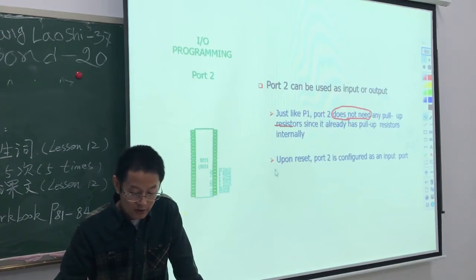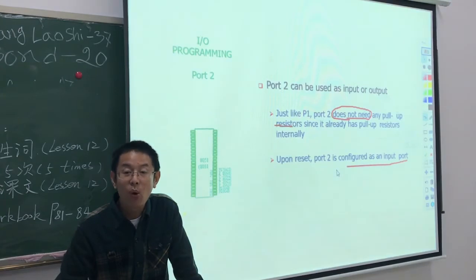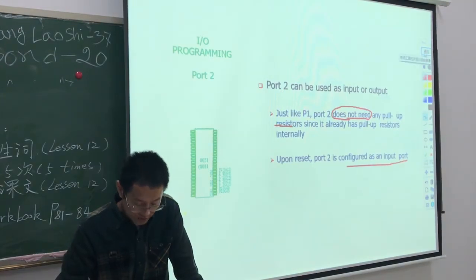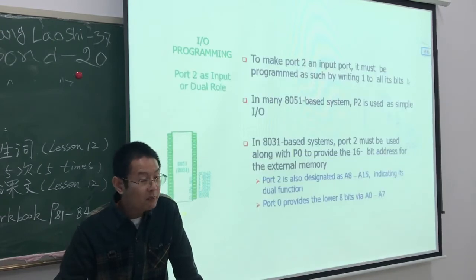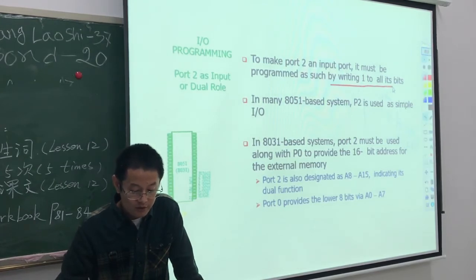Upon reset, port 2 is configured as an input port. It's the same as the other ports. To make port 2 an input port, it must be programmed as such by writing 1 to all its bits.